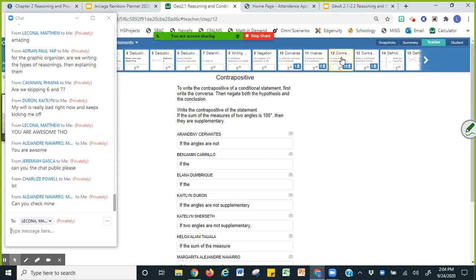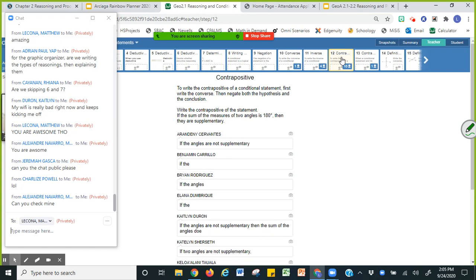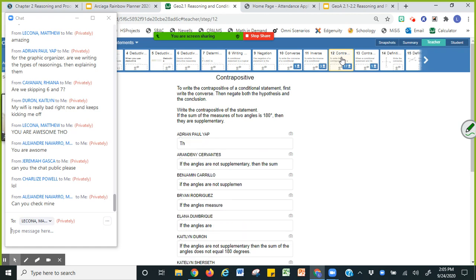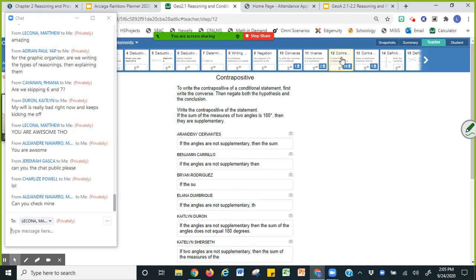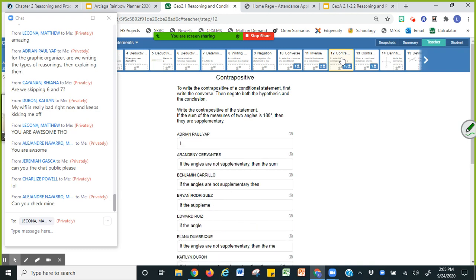Okay, so to write the contrapositive, you write the converse first, meaning you flip them around, and then you negate both the hypothesis and the conclusion. So flip around, and then put the not part in, like not supplementary or not equal to 180. This contrapositive part is important when you are making counterexamples, and that's going to be part of your homework.